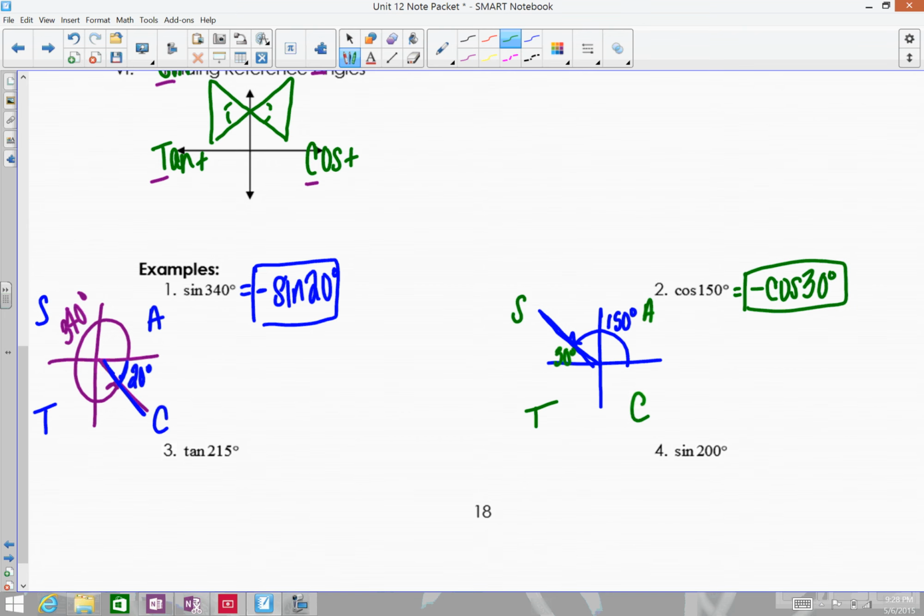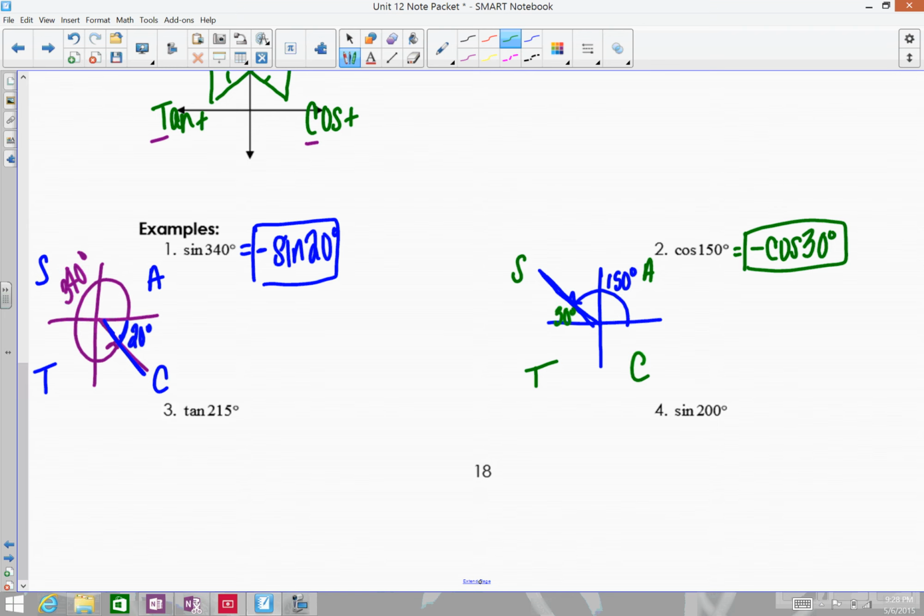Okay, let's look at the next one here. Tan of 215. We always start here, go past 180, down into the third quadrant. Your reference angle for this one, if you do 215 minus the 180 degrees that we don't want, that'll get you the reference angle. So the reference angle is going to be 35.